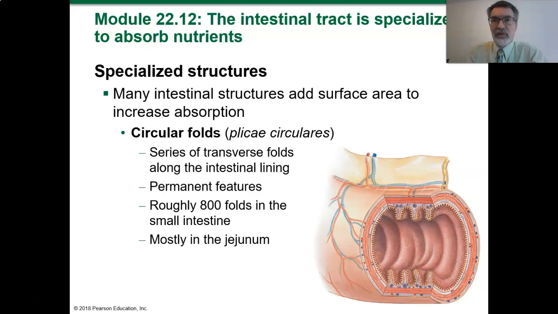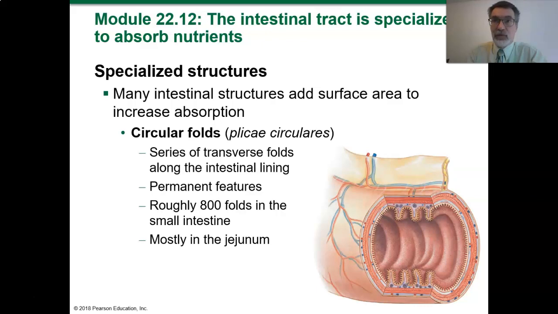About 12 inches, a foot or so. So again, that's where we're more doing digestion activities, beginning release of all the enzymes and helping in the starting of or completing the digestive process of our food. The jejunum, very important for nutrient absorption.